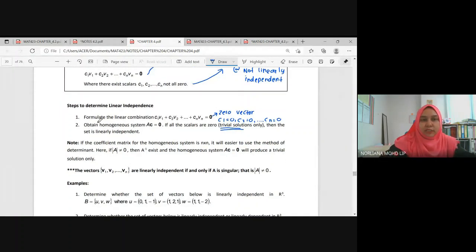Okay, so 2 steps. And then another method, we can find the linear independence using the method of determinant. The easiest way is using the determinant. If the determinant is not equal to 0, then A inverse exists, and the homogeneous system AC equal to 0 vector will produce a trivial solution.